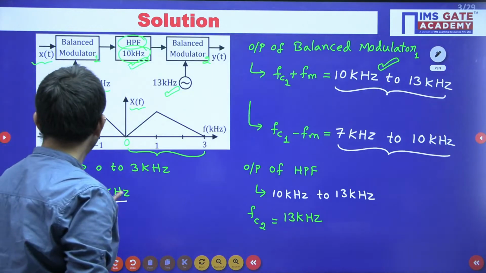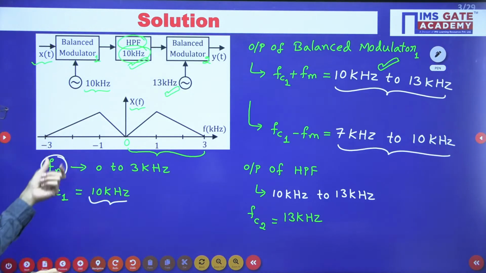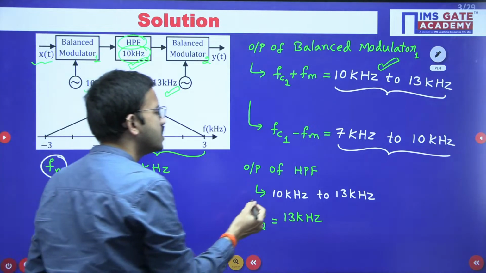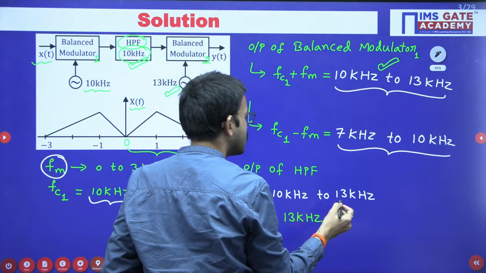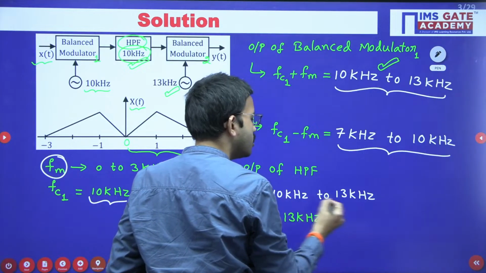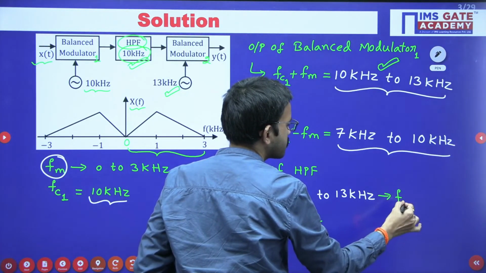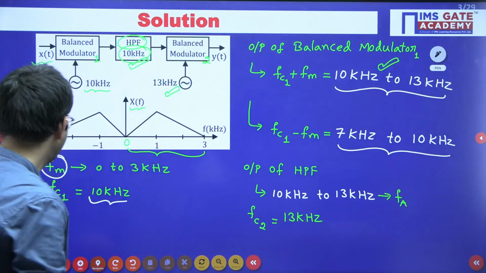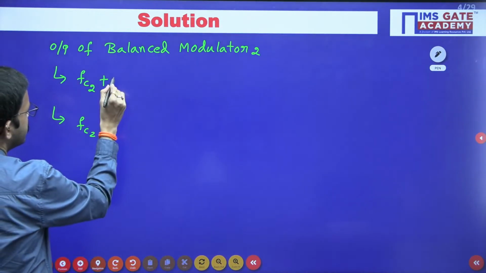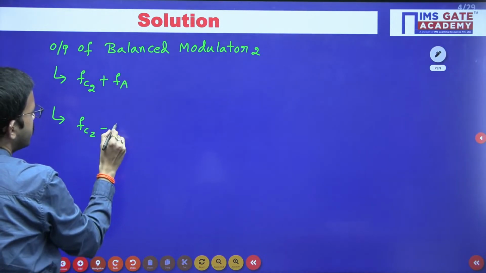For the original modulating signal you have FM, but for this 10 kilo to 13 kilo, I am labeling it as, suppose, FC1. So here you will get FC2 plus FC1 and FC2 minus FC1.